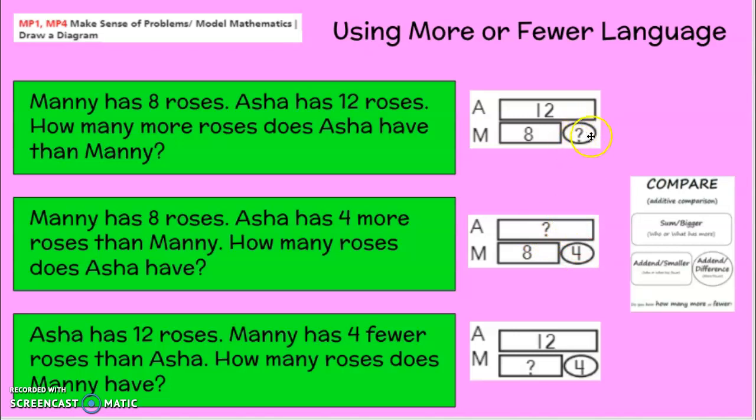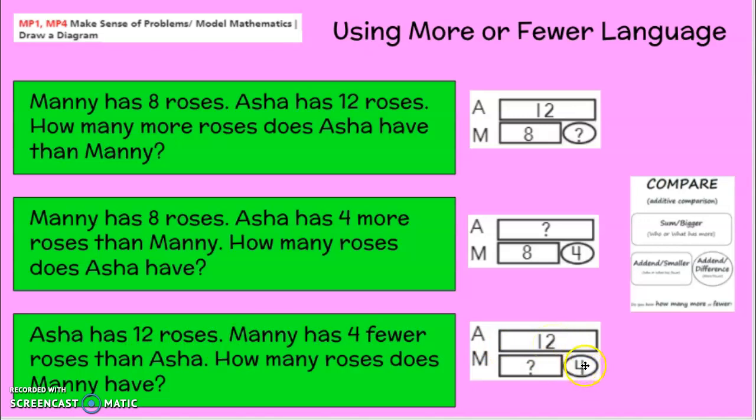So here we had an unknown that was the difference, the more or fewer. Here we have an unknown bigger part, how many that person that has more has. And then this one here, Asha has 12 roses. So now they give us the bigger part. Manny has 4 fewer.